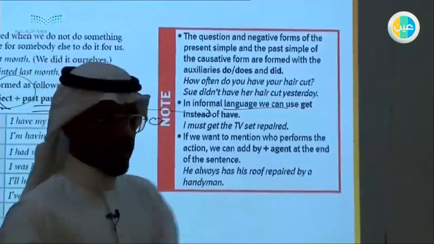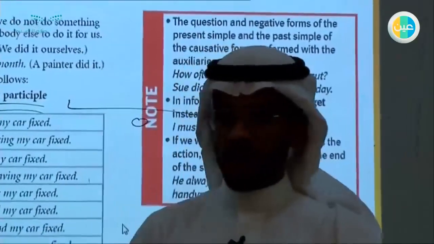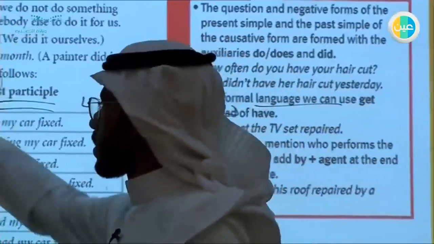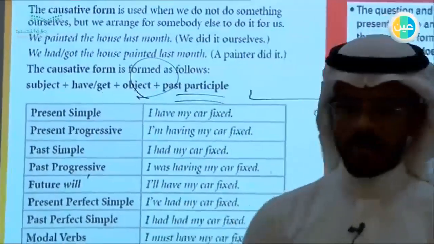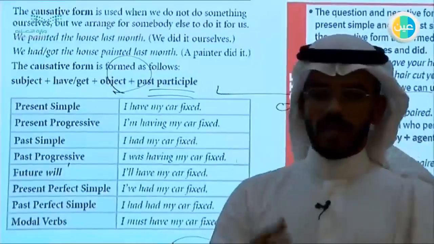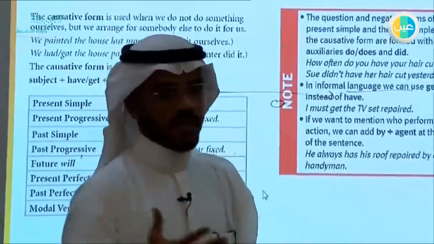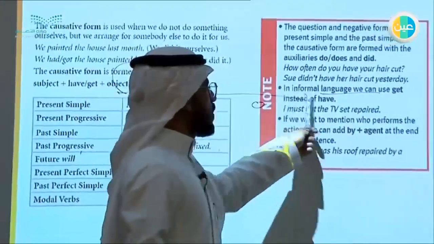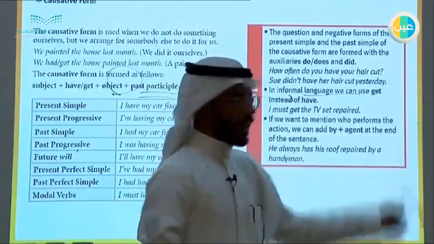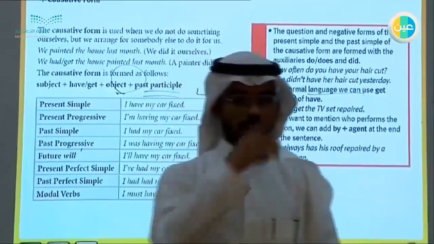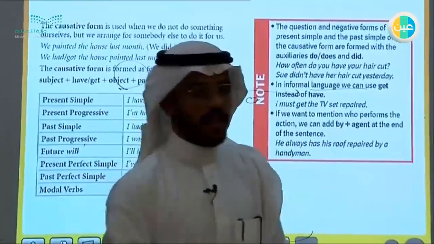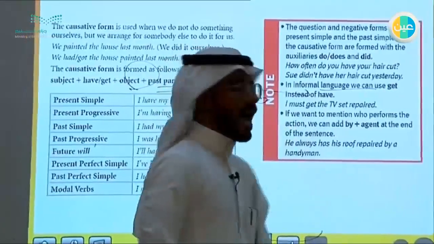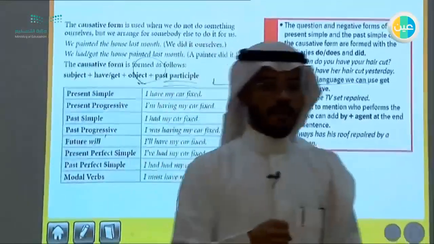And we have something else. عندنا شيء أيضا مهم موجود عندنا get. تقول لي مثلا متى استخدم get؟ When do I use get? Get is informal يعني ليست رسمية. In informal language we can use get يعني تقدر تستخدم get بدال have وأيضا تشكلها نفس التصريف got, getting وهكذا. Instead of have عوضا عن have.